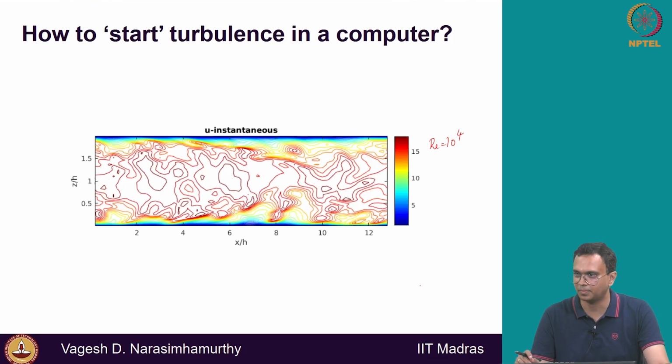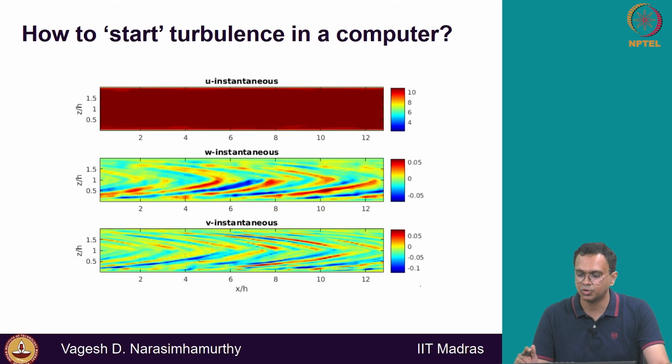I will come to how to stop it. Now I'm showing you the same one for the three velocity components U, V, W. Here it looks like laminar flow. This is when Re is 10 raised to 4, and I'm just solving without taking the flow to an artificially high Reynolds number, just 10 raised to 4 with some perturbations.